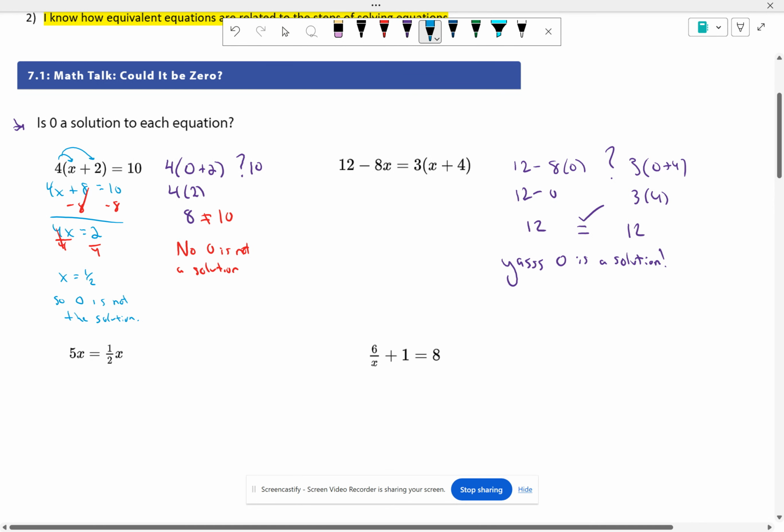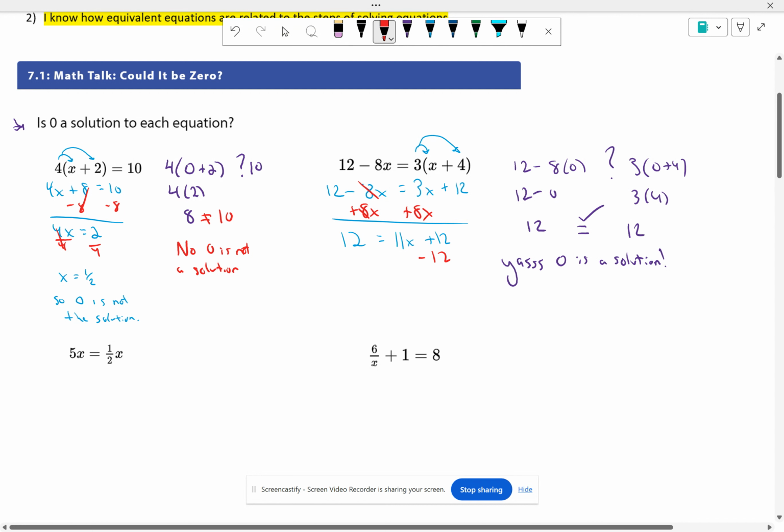And if you tried solving for x, instead of checking if 0 is a solution, we start by distributing. We're going to get 3x plus 12 over here when we simplify, and 12 minus 8x on the right. I'm going to get all the x's on one side. I'm going to do that by adding 8x to both sides. That's not the only way to do it, but that's the way I did it. And then we get 12 equals 11x plus 12.